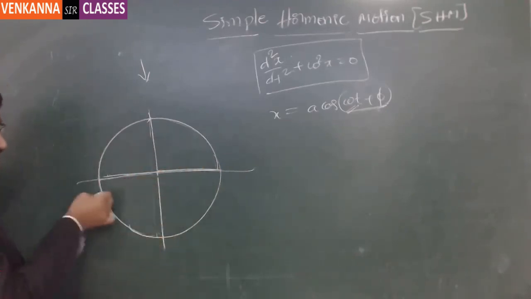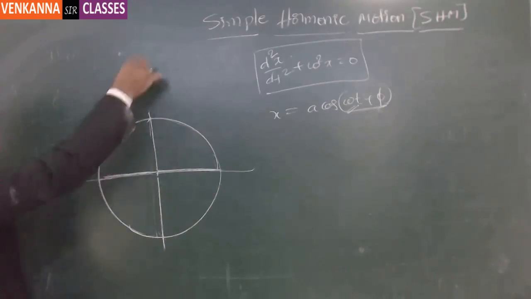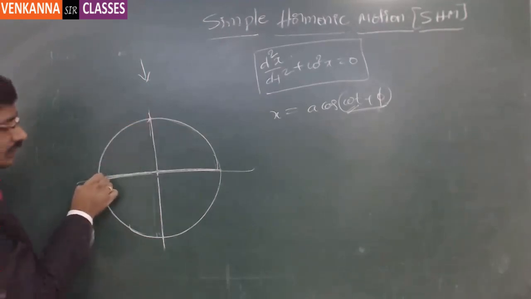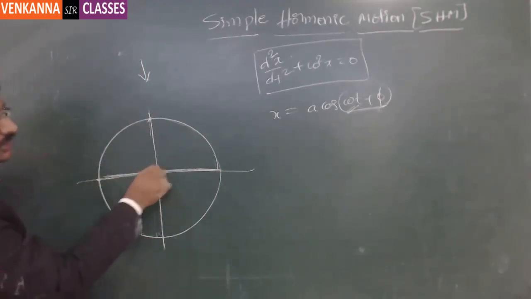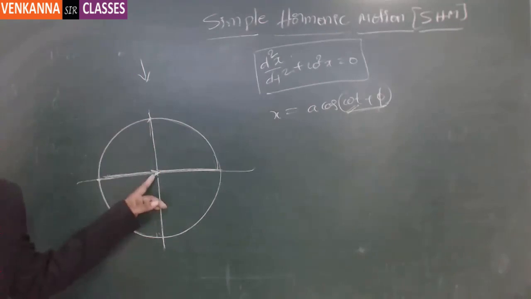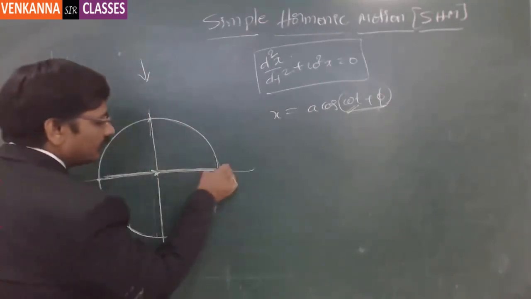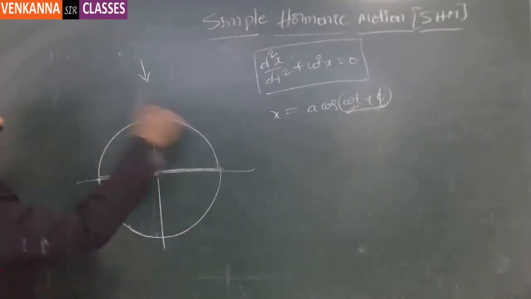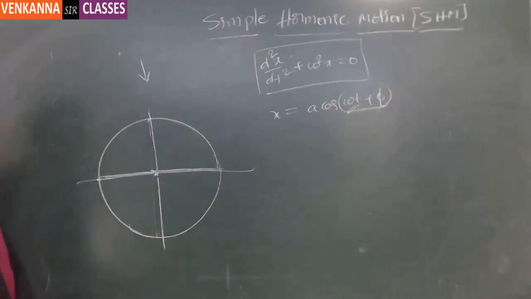And when it is moving like this, we look at it from this location as the particle moving in the left direction. Then if the particle is moving towards this, it will be coming back to the same original position where it started. So from the top side it is as if moving in this direction and coming back, and moving in this direction and coming back. This keeps on repeating as long as it is moving in the circular fashion.